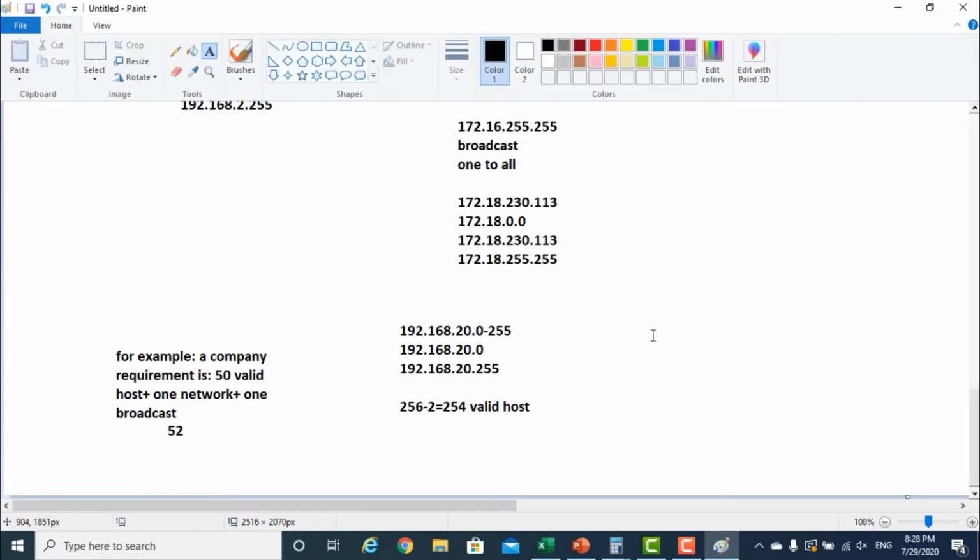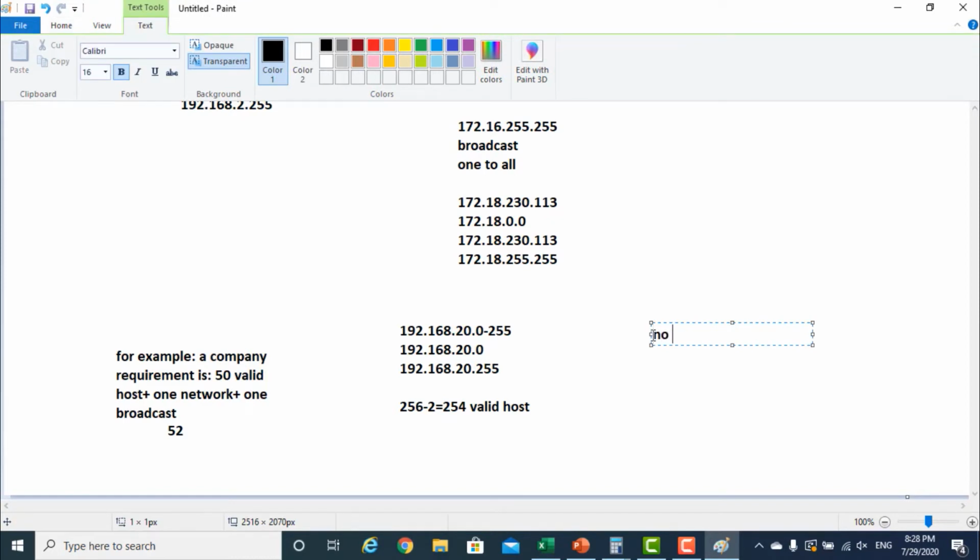But if a company says, no, don't worry about the network and broadcast, allocate 62 IPs for me, then it doesn't mean that this company is not taking the network and broadcast into consideration.